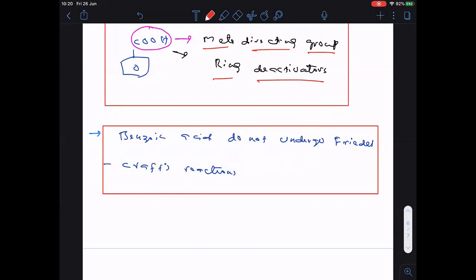Two reactions are there, alkylation and acylation. You might have studied them in your 11th class. Hope you are able to understand this one.